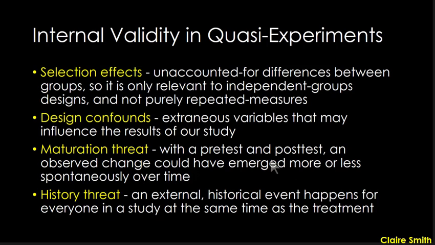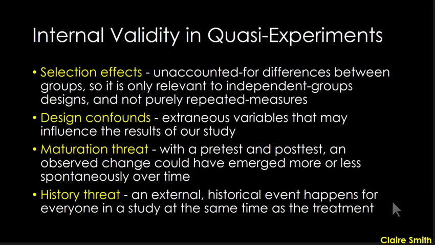And again, like the maturation threat, having a control group can account for that, because if there's a historical event, it would occur for everyone, not just people in Massachusetts. It would occur for the control group as well. So you can see all of these are pretty straightforward. If you know what they are, they kind of make sense.